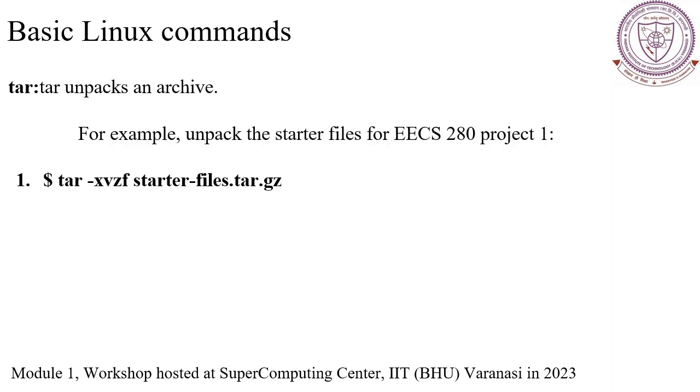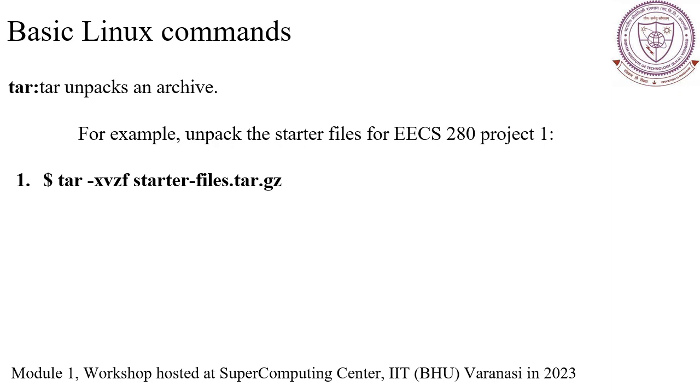Next, tar. The tar command is used in Linux to create and manipulate archive files. Archive files are collections of one or more files that are compressed and stored in a single file. Archive files are often used to back up data or to distribute software. The tar command can be used to create new archive files, extract files from archive files, and list the contents of the archive file.